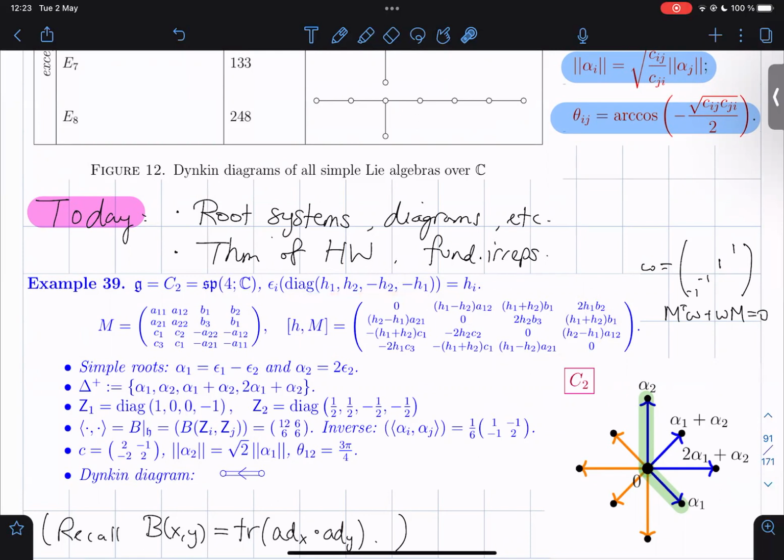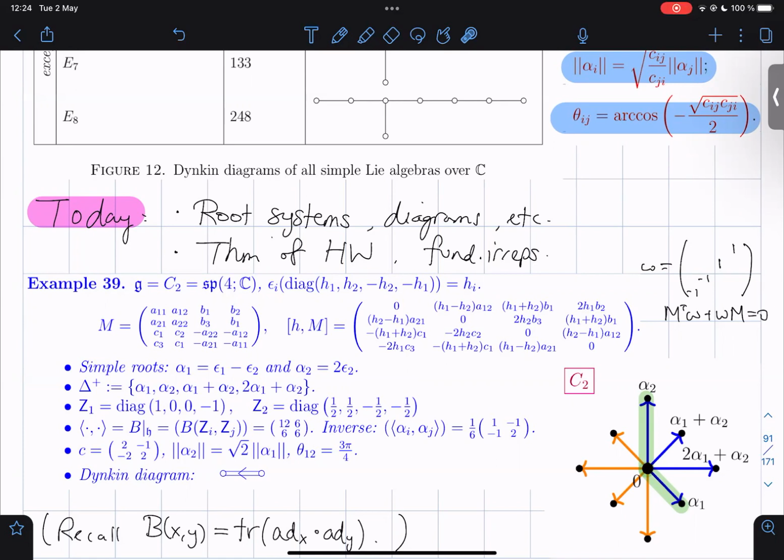Even though you're in 4x4 matrices, because of this infinitesimal invariance condition, the diagonal is just two-dimensional: H1, H2, minus H1, minus H2. And so the natural basic functionals to introduce just pick off the ith entry. There's two of them, epsilon 1 and epsilon 2.